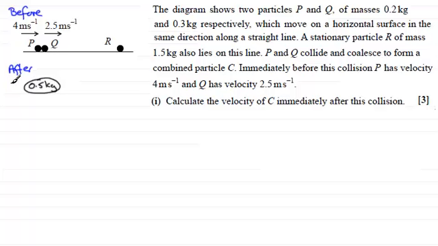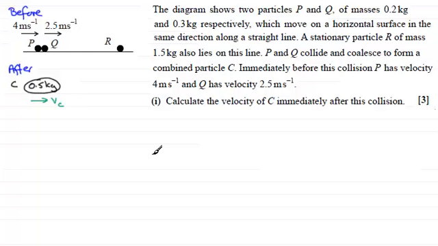And this particle is called C. Then afterwards, we've got to find the velocity of C immediately after this collision. So let's say it's going to move to the right with a velocity, let's say Vc.